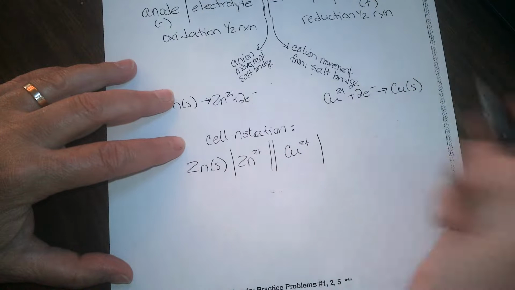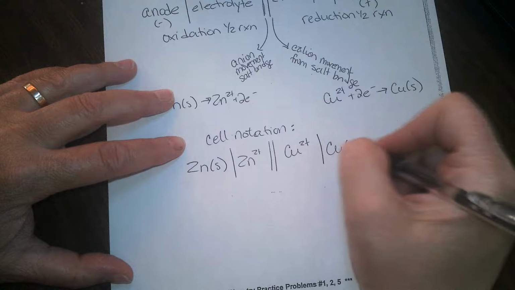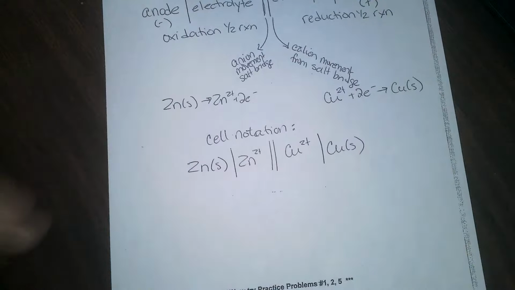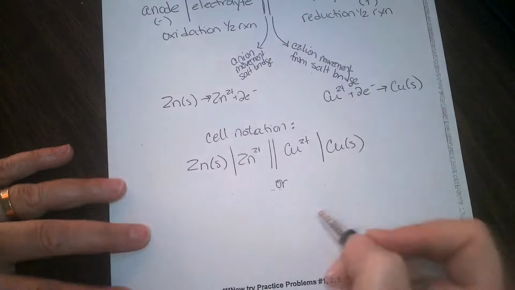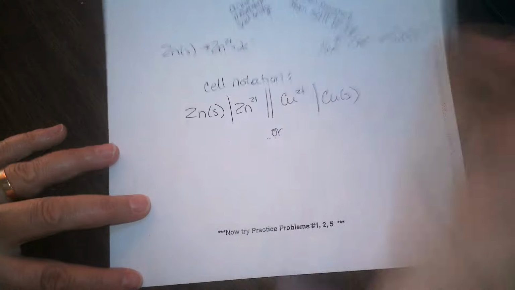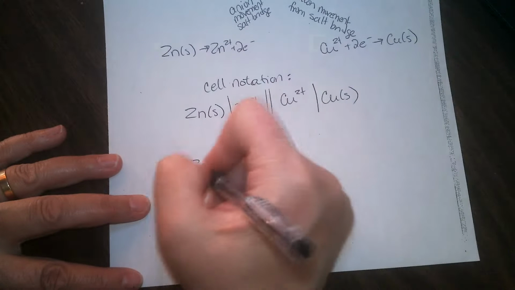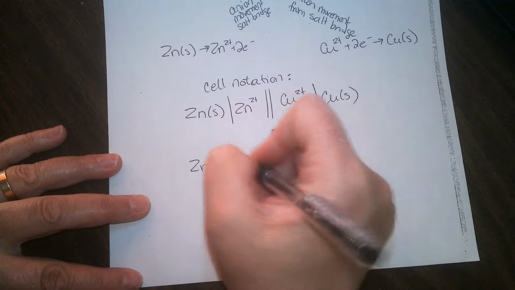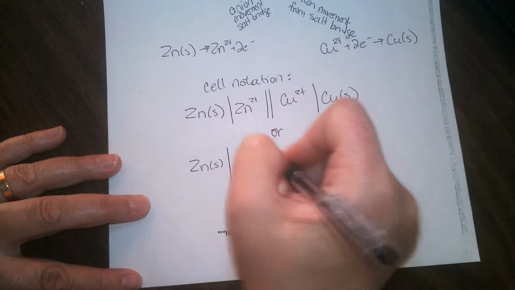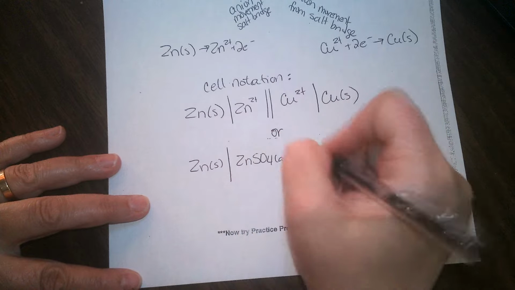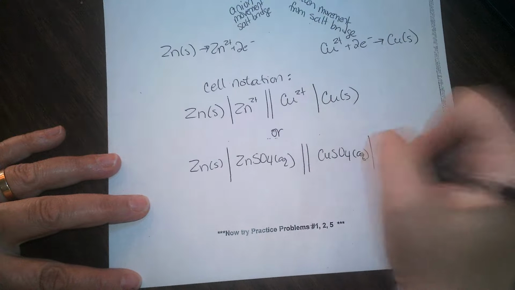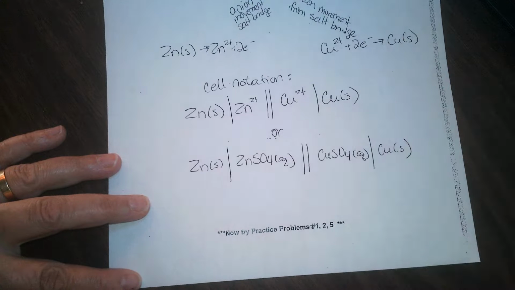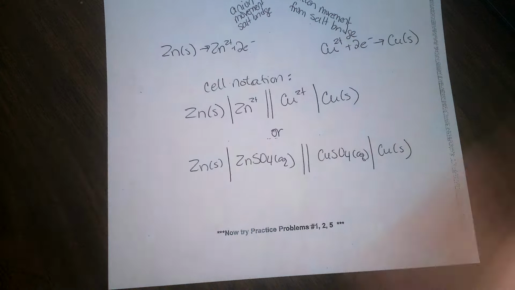And then our electrode is copper solid. Okay? Sometimes you will see it written like this, where they actually include the spectator ions.